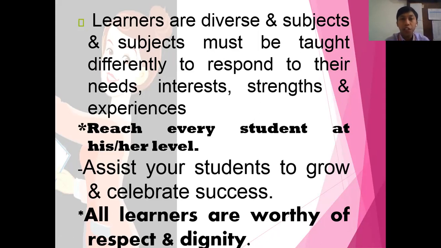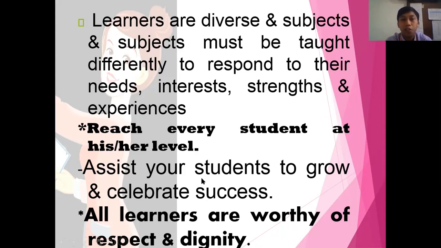Of course, we reach every student at his or her level. That is why we teachers paraphrase, so that our learners can easily understand. Some children have difficulty understanding. Others are good during oral, but these days their written work is difficult for them.